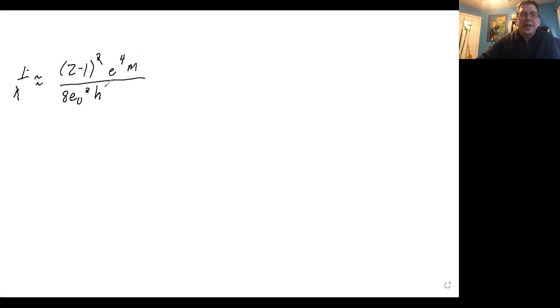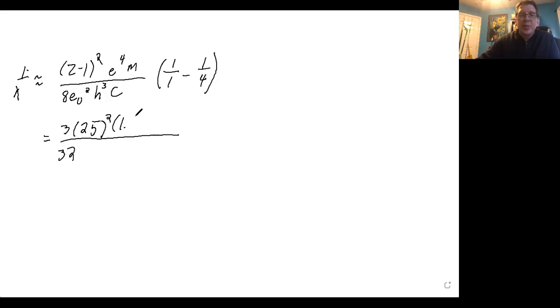There's a lot of complicated variables that go in, and then 1 over 1 minus 1 over 4. So you plug all these in. This becomes 3/4, so we can write this as 3 over 32. Z we know is, because it's iron, 26, so Z minus 1 is 25.